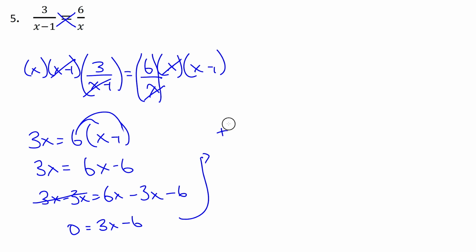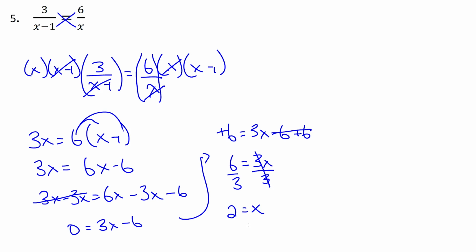So we'll end up with plus 6 on the left is equal to 3x minus 6 plus 6. That cancels out to be 0. So 6 is equal to 3x. And now finally we get to divide by the 3. That would cancel out to give 1. So x is equal to 2.